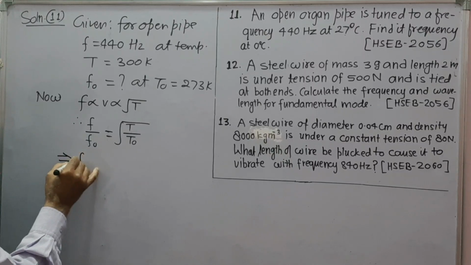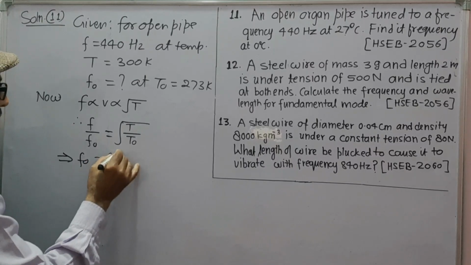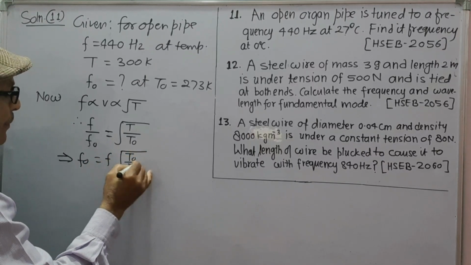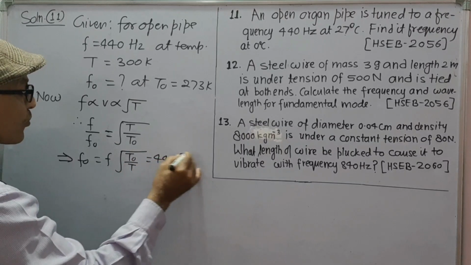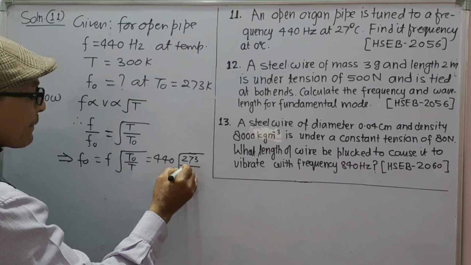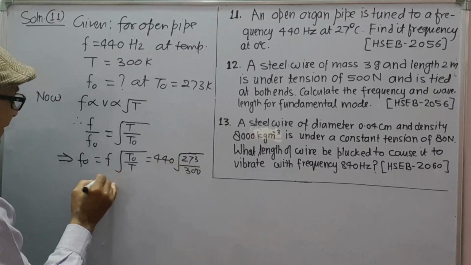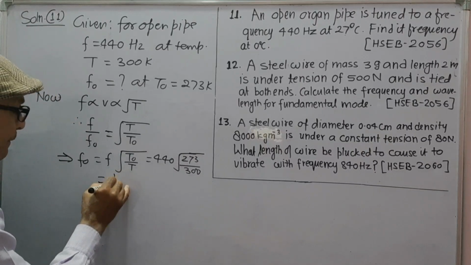This gives F naught as F root of T naught upon T, means 440 under root 273 upon 300, which gives 419.73.